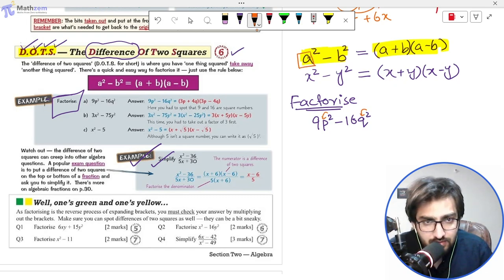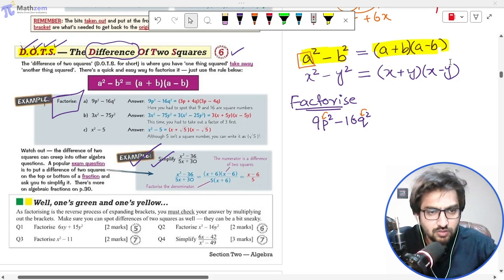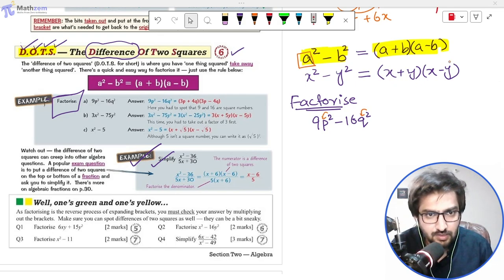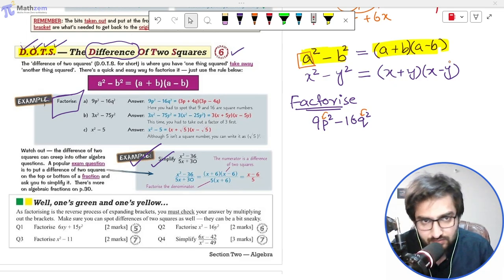But in this case, the square is only on p and not on 9. So we will make sure to take that square on the number as well. So how is this possible?